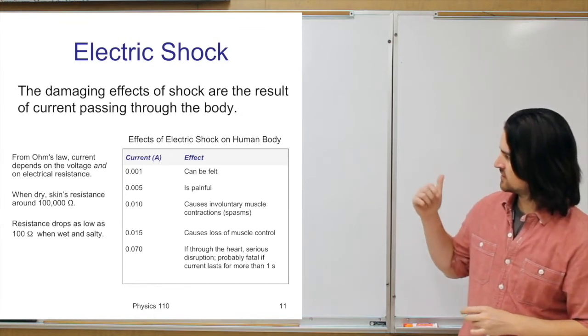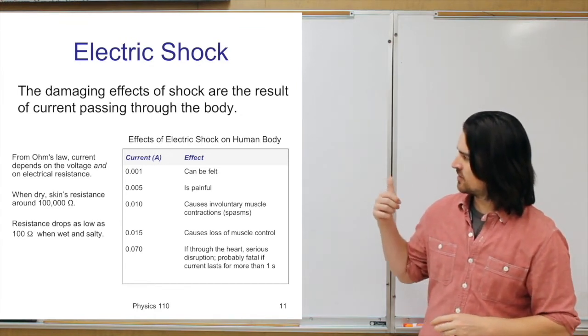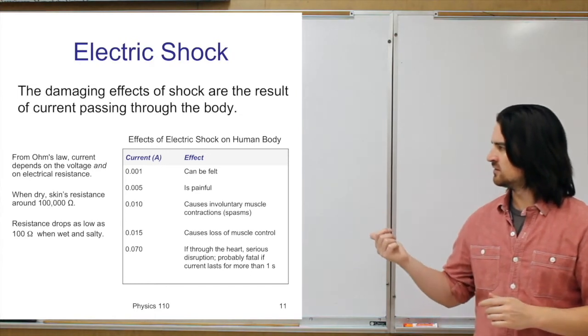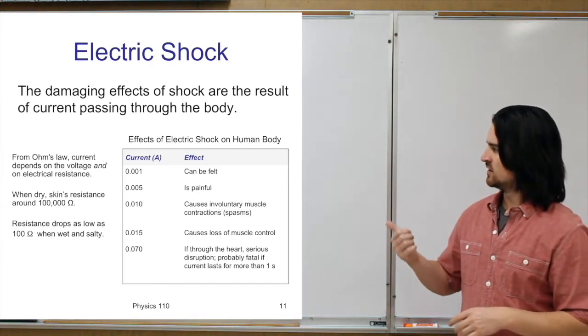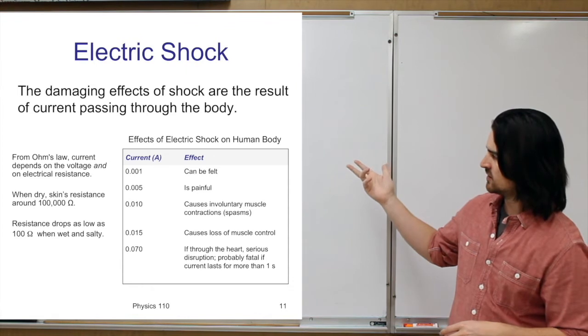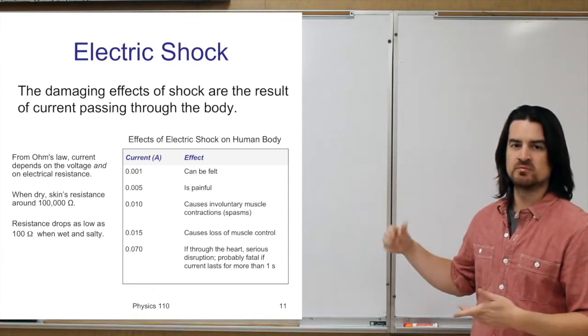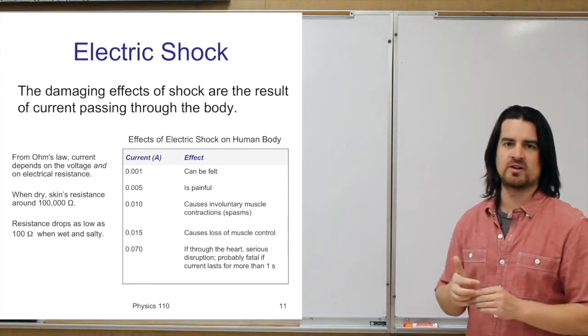So it turns out that when you're talking about electrical currents, it only takes maybe a thousandth of an amp, or a milliamp, before you can feel that amount of current flowing.